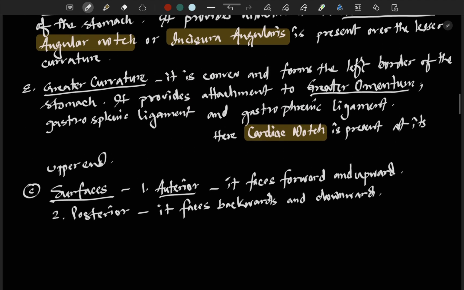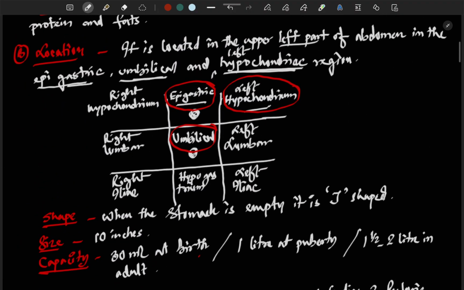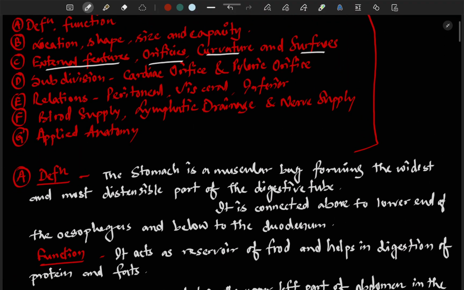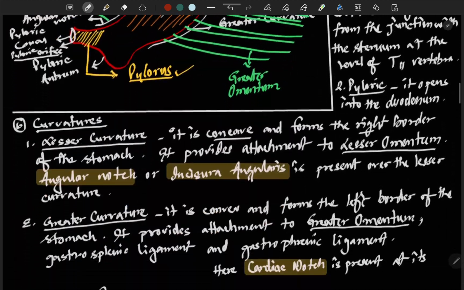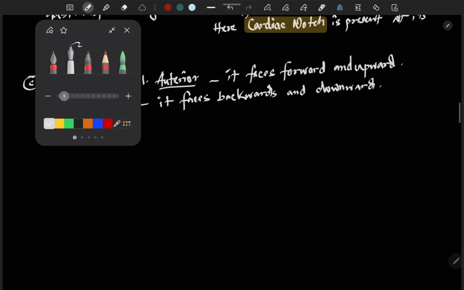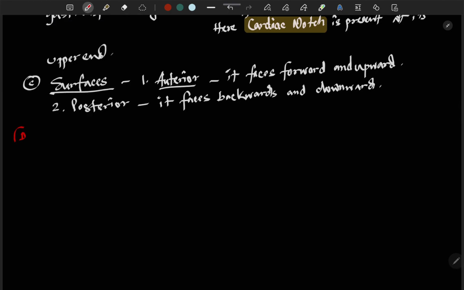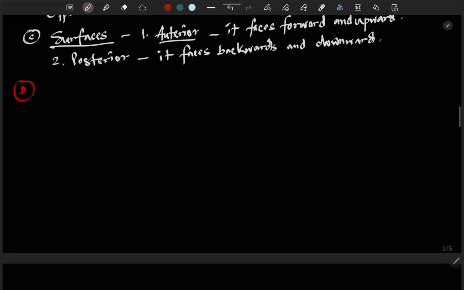Next, we'll go to the parts. Number D, the subdivisions or parts of stomach.